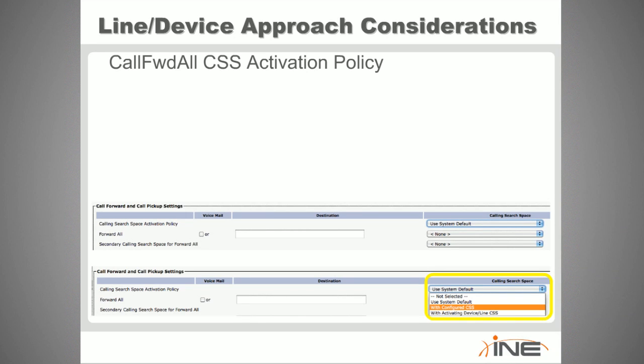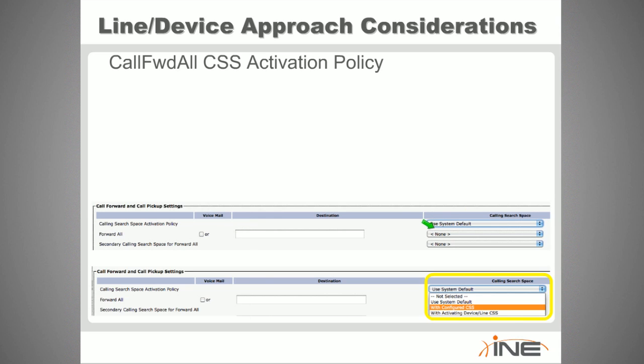It was always, and still is always, a good idea to specifically set the calling search space for call forward all, regardless of whether there's actually anything filled in the destination, okay? Because then when someone goes to press the soft key for call forward all on their phone, the one call forward option that almost everyone primarily has control over, well, you could take that away as well.